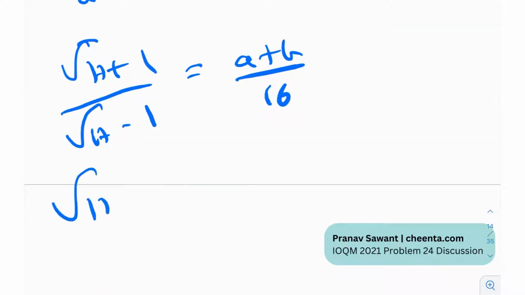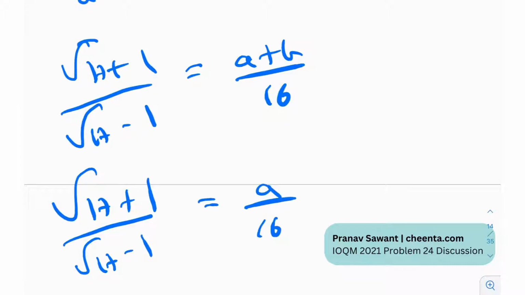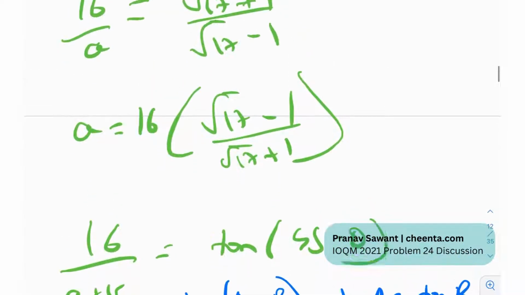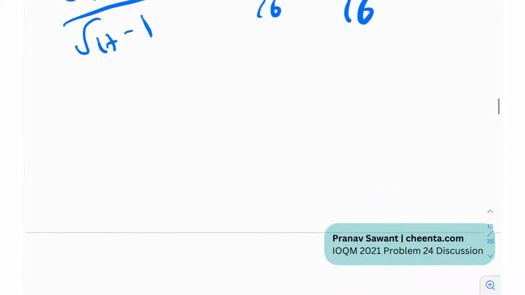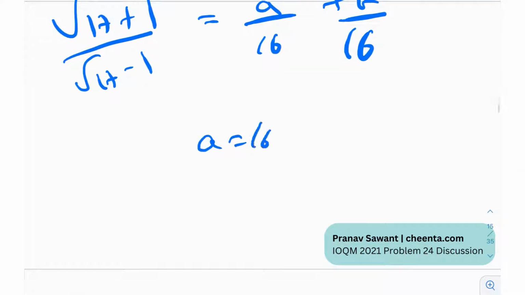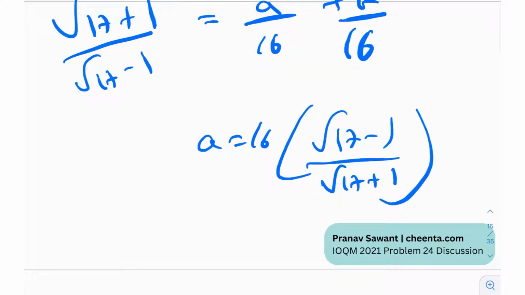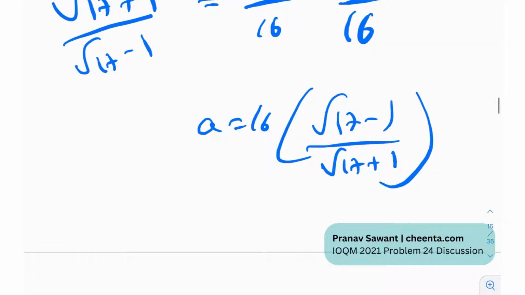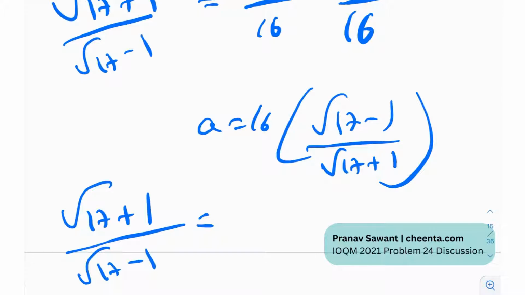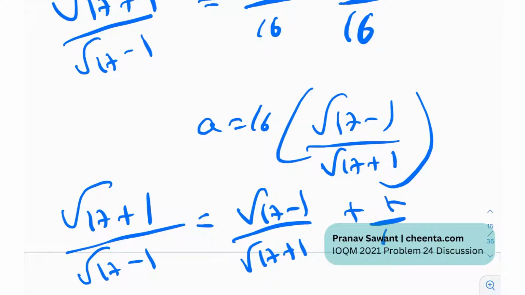So essentially, root 17 plus 1 divided by root 17 minus 1 would be equal to A by 16 plus B by 16. And if you remember, what was A? A was 16 times root 17 minus 1 divided by root 17 plus 1. So A divided by 16 would be just this radical expression. So root 17 plus 1 divided by root 17 minus 1 would be equal to root 17 minus 1 divided by root 17 plus 1 plus B by 16.